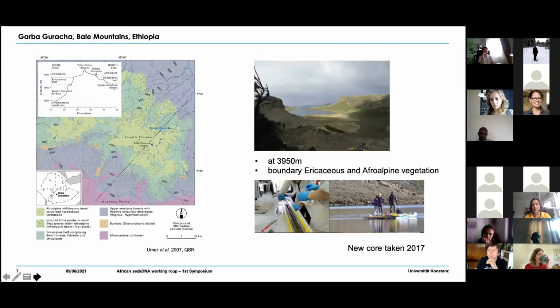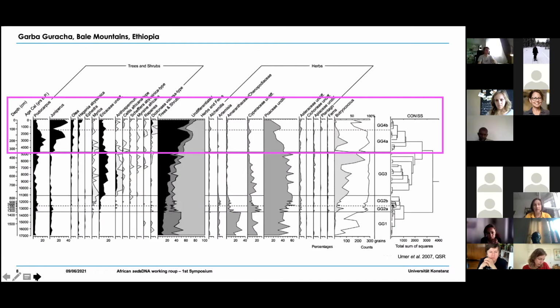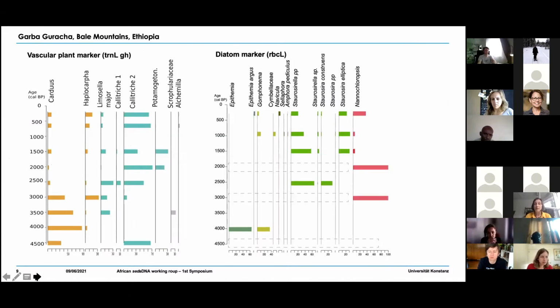But it mirrors things that are similar to an ongoing study where I generated some preliminary data some years ago, that I will briefly also show you, which is from Ethiopia, Lake Garacha. I got some data from a new core that was collected in 2017 for the last 4,500 years.